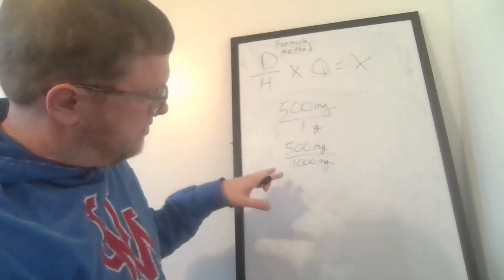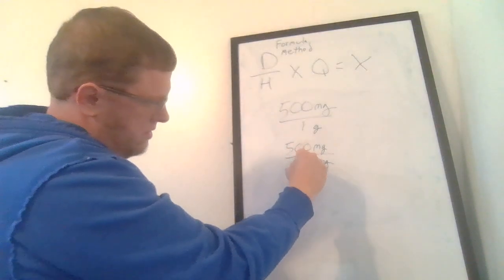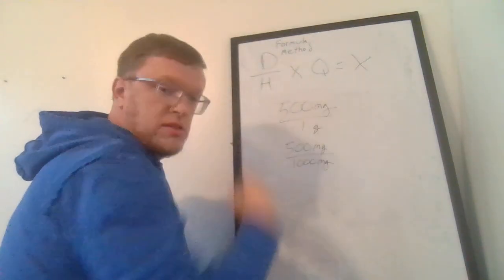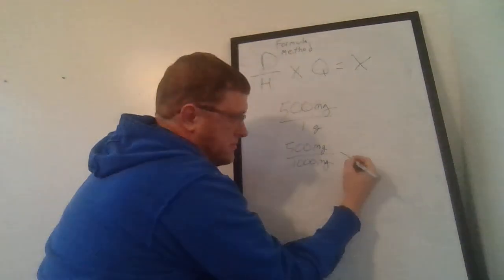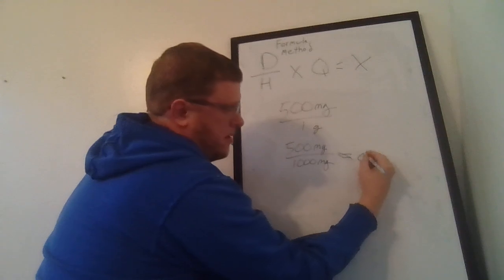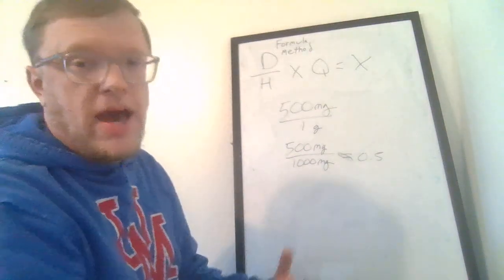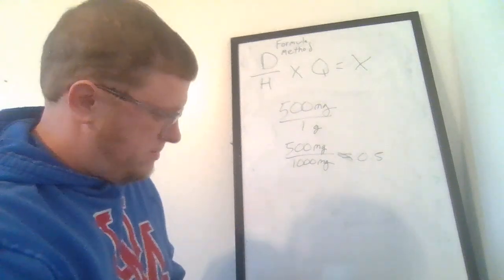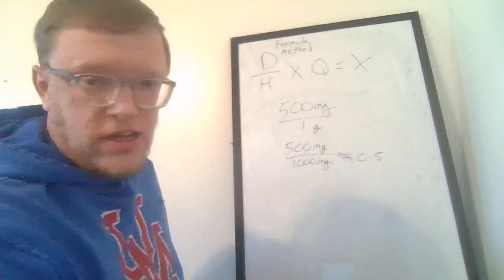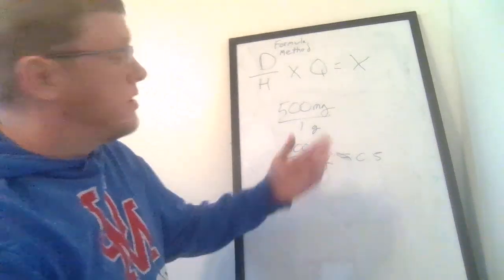All right, so 1,000 divided by 500, or however you say that, the big number going into the little number, is going to equal 0.5. So you would give them 0.5, or half. With vancomycin, it's usually like 1,000 milligrams in 250 milliliters. So let's say that.